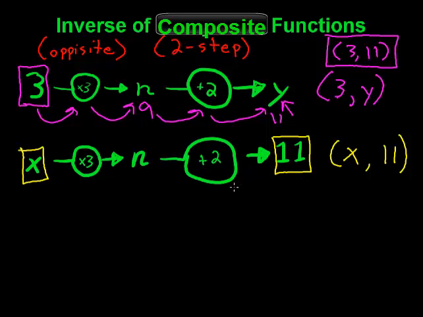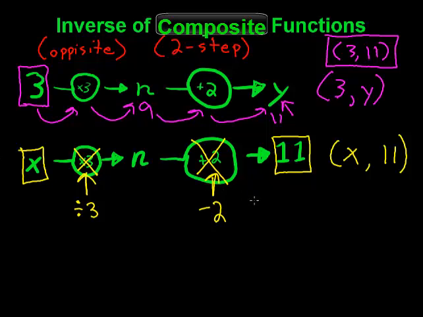Instead of doing plus 2 that you see here, and the times 3, when we go backwards, we actually do the opposite sign. So instead of doing plus 2, I'm going to do minus 2. Instead of doing times 3, the opposite of multiplication is division, I'll do divided by 3.